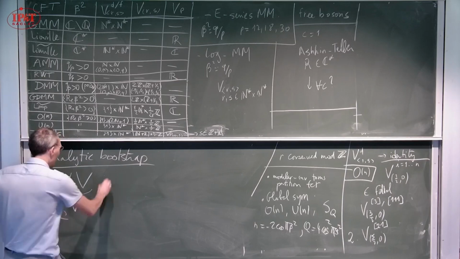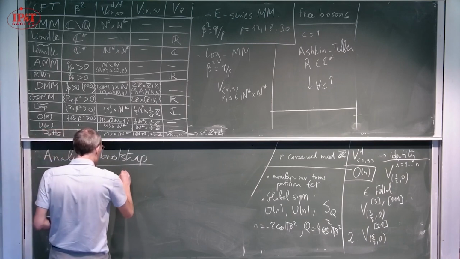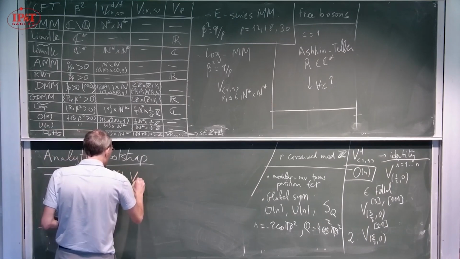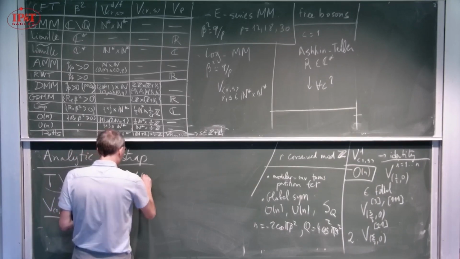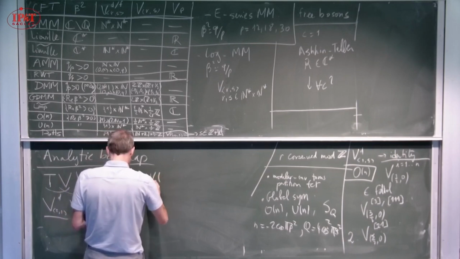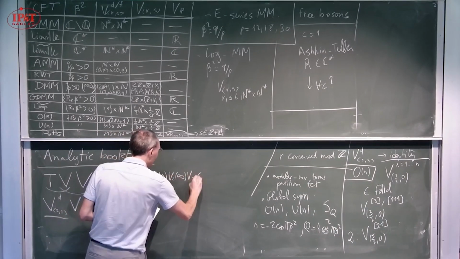So let's consider first a generic 4-point function of some descendant. I still don't have degenerate fields at this point. So L V_0 of z, let's say, V_1 of 0, V_2 of infinity, V_3 of 1.